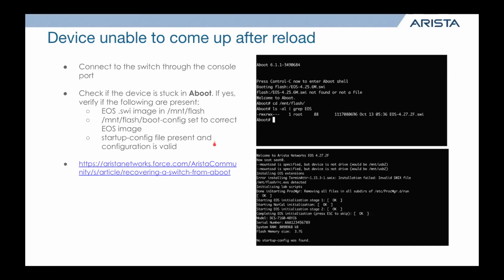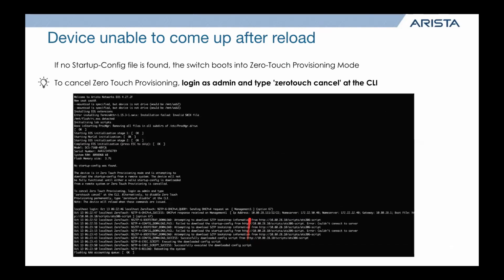One thing you might also see is this, "no startup configuration found." And that is problematic because if you don't have a startup configuration, your switch boots into what's called zero-touch provisioning mode. What that means is when the switch comes online, it'll reach out to a DHCP server, any, to request an IP address, but also request a boot file URL.